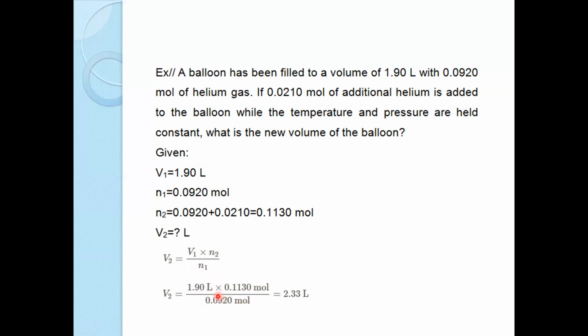And finally, we have to think about our results. The initial volume is 1.9 and the final volume is 2.3, so the volume increases, and the number of moles increases as well.